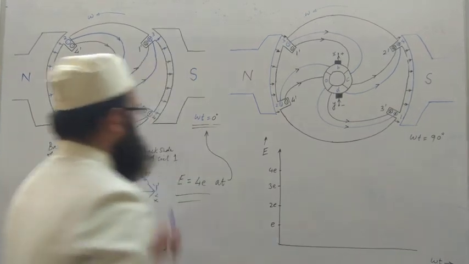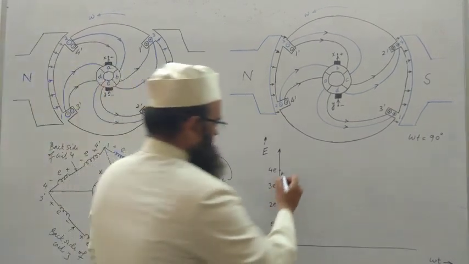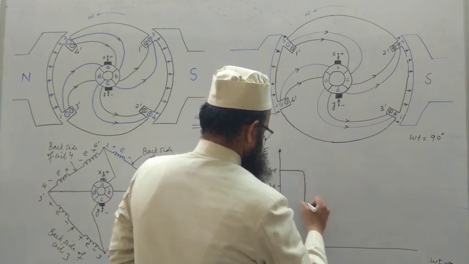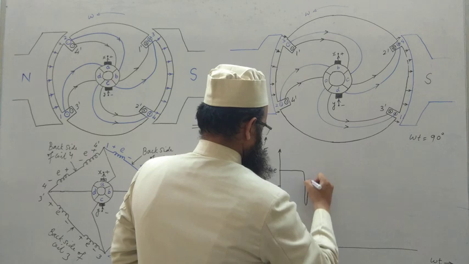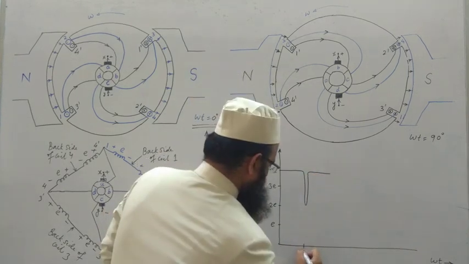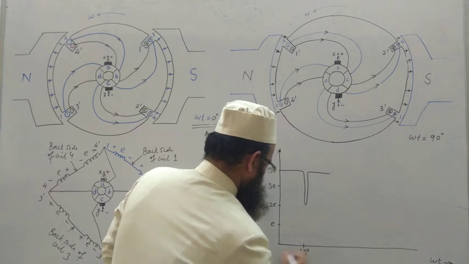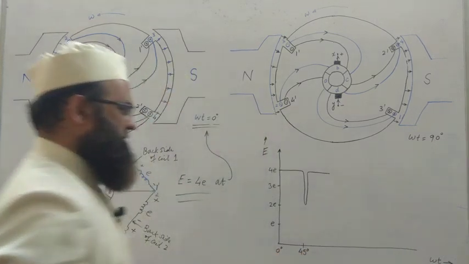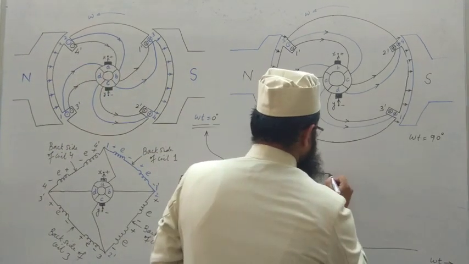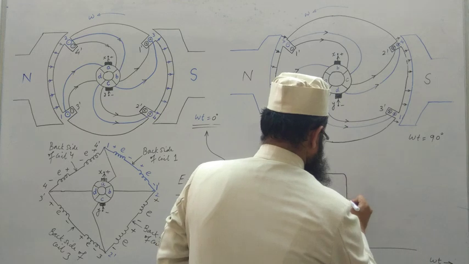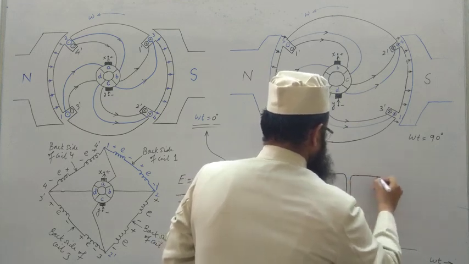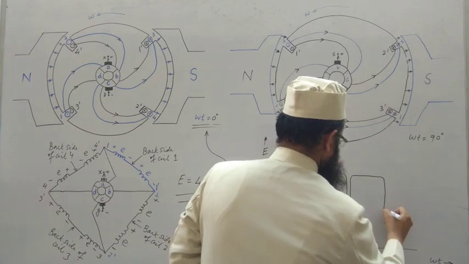So we have observed that at 0 it was 4E, so mark 4. At 45 degree it reaches 2. Again mark here 45 omega t. Second case was 45 degree, this was 0 degree. Then at omega t 90 degree, and again draw like this first, then mark the positions.